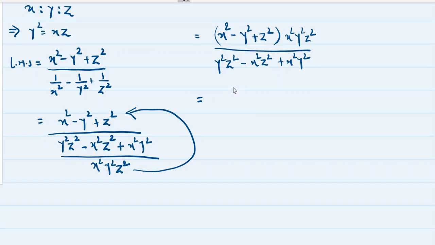Okay, look closely. Y square is equal to xz. This x square z square which I've got over here is xz the whole square. We can simplify that and take out something common. Okay, let's do that.